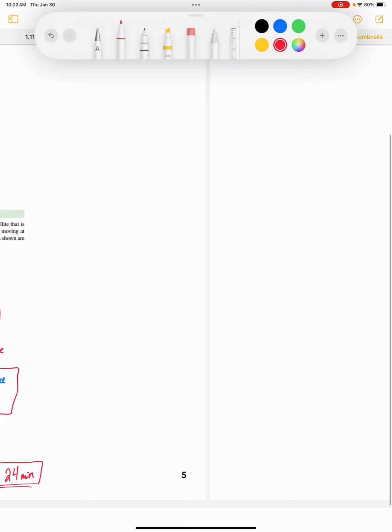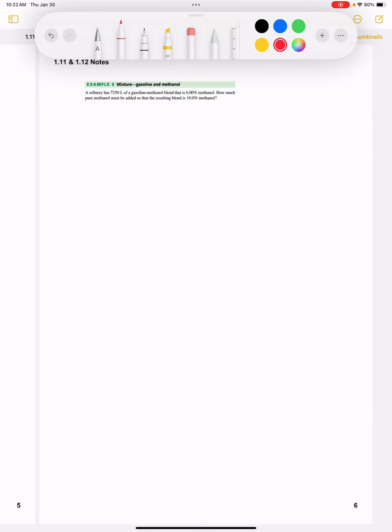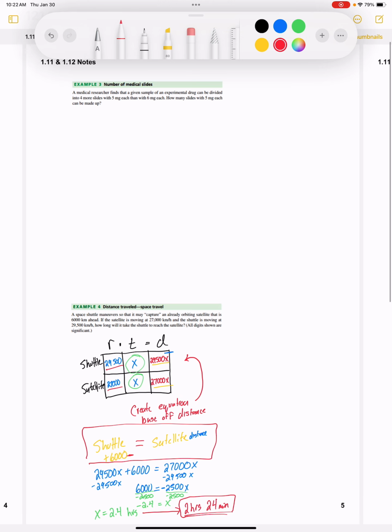Let's do another. There's different types of word problems. This is a mixture.